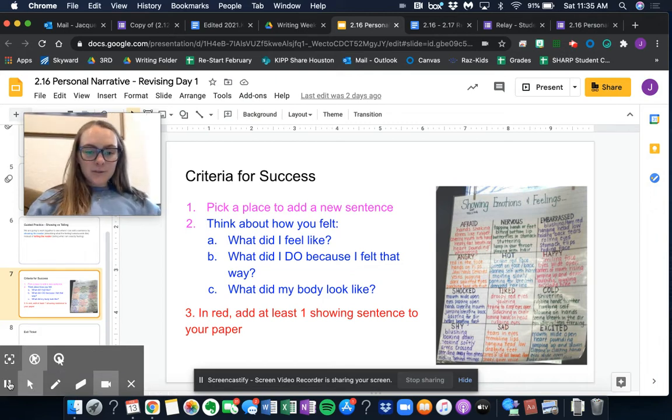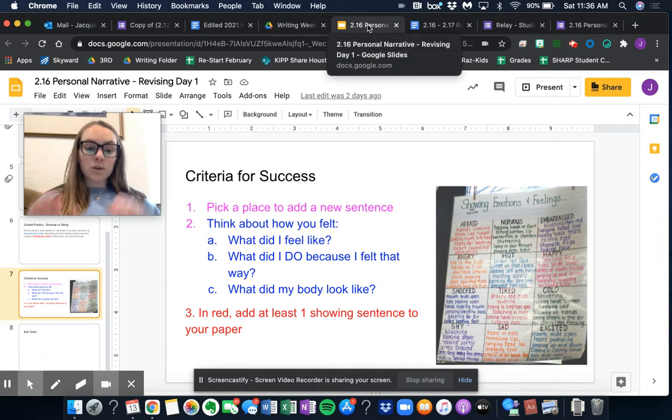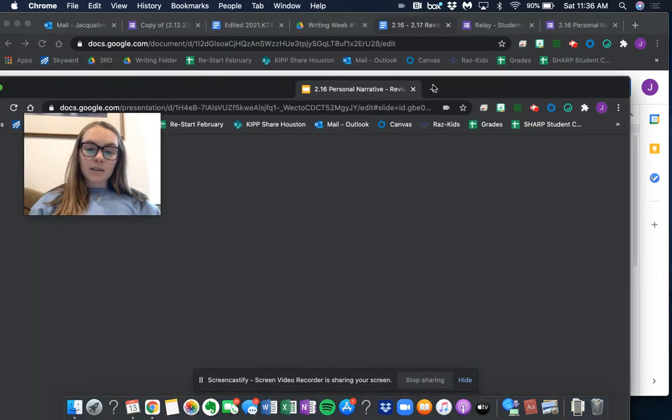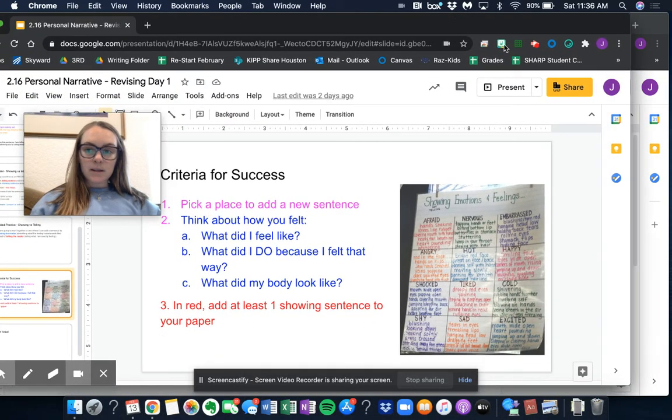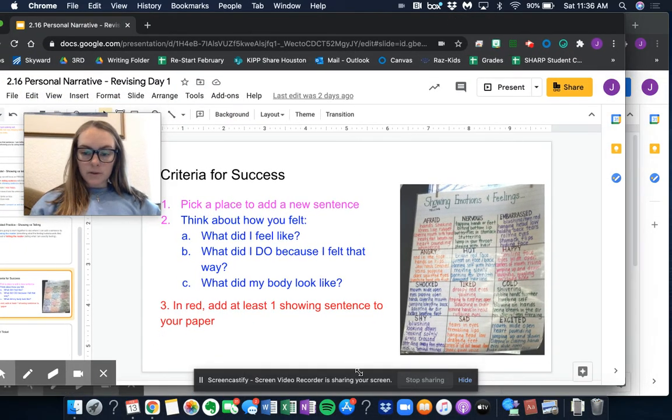Now that we've gone over our criteria for success, I want to model in my writing where I could add some showing sentences. So, I want you to make sure you have two windows open. I want you to have our criteria for success. So I'm going to make a page for that.